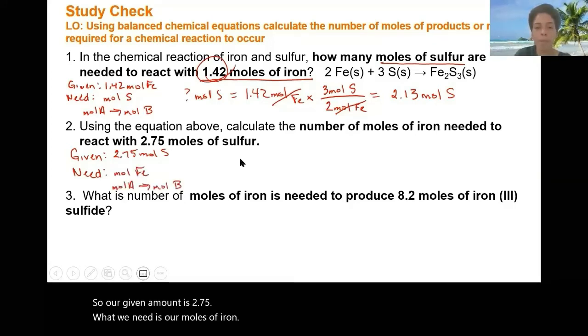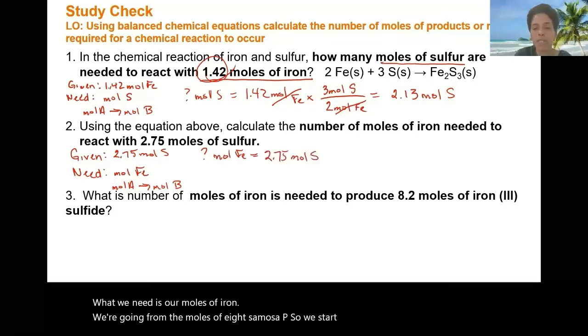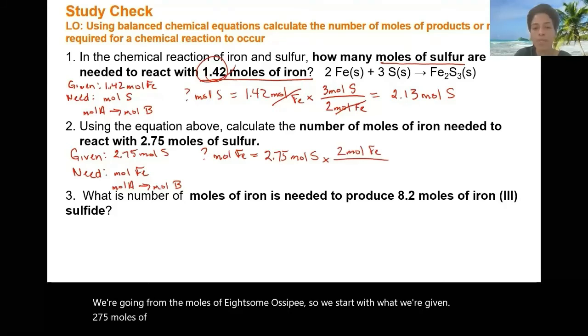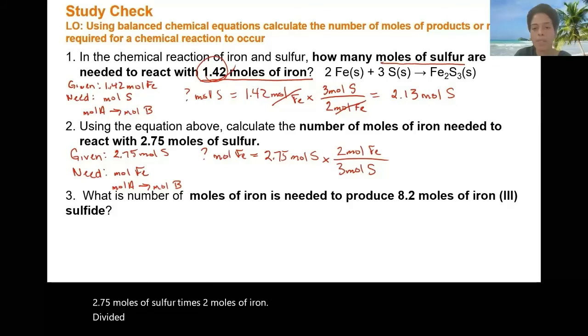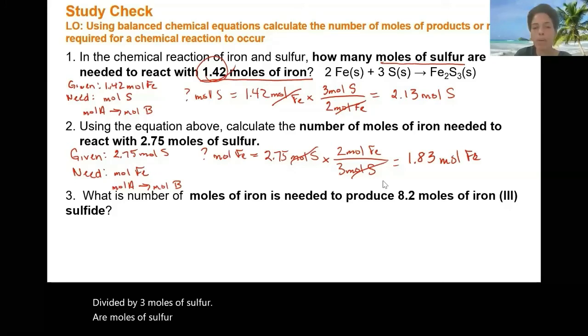We're going from the moles of A to moles of B. So we start with what we're given, 2.75 moles of sulfur times 2 moles of iron divided by 3 moles of sulfur. Our moles of sulfur cancel out, and we end up with 1.83 moles of iron.